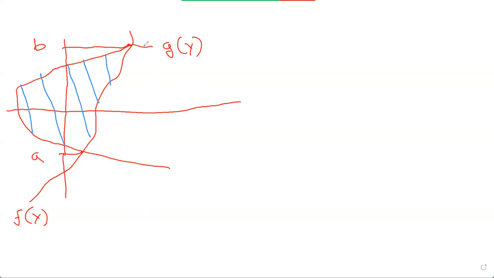We saw that when it was with respect to the x-axis, it's always the upper function minus the lower function. When it's with respect to the y-axis, it's always the function on the right. So it's always right minus left. Which function is on the right now, within these two bounds?